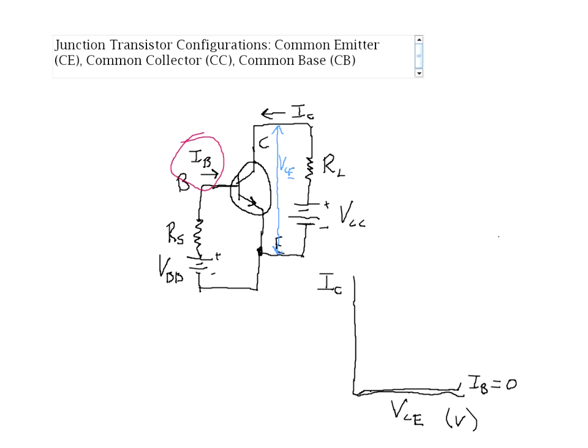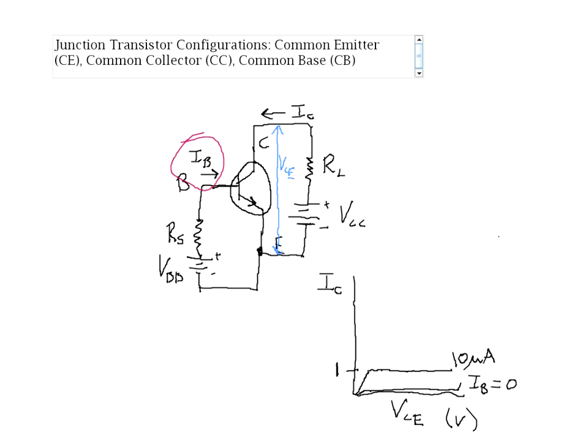But if I increase VB so that I now have a base current, we get, even for a small base current, say only 10 microamps, a collector current of a milliamp.